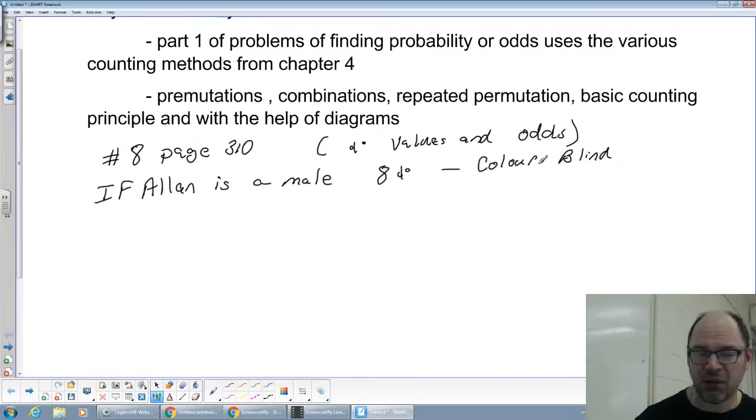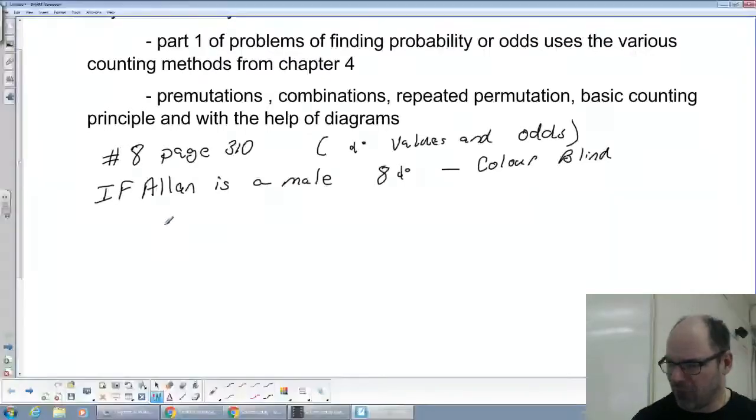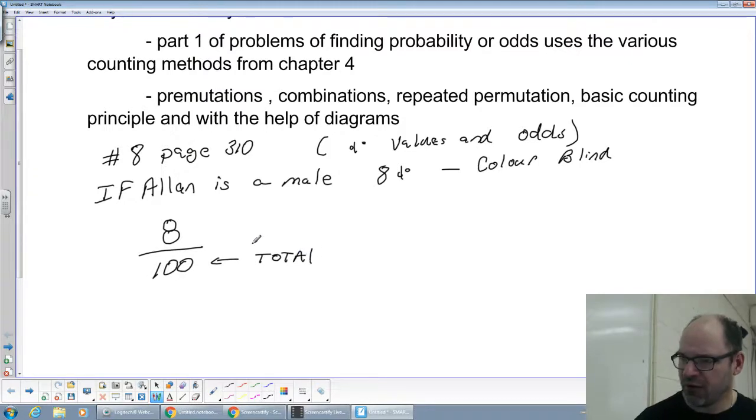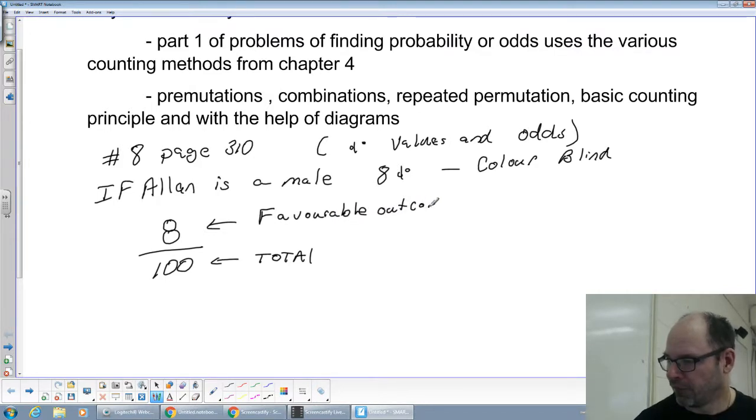If we break 8% down into outcomes, the probability would be 8 over 100. The 100 is the total in the sample size, because a percent is out of 100, and the 8 is the number of successful, favorable outcomes, as we were calling them yesterday, meaning that he's colorblind.